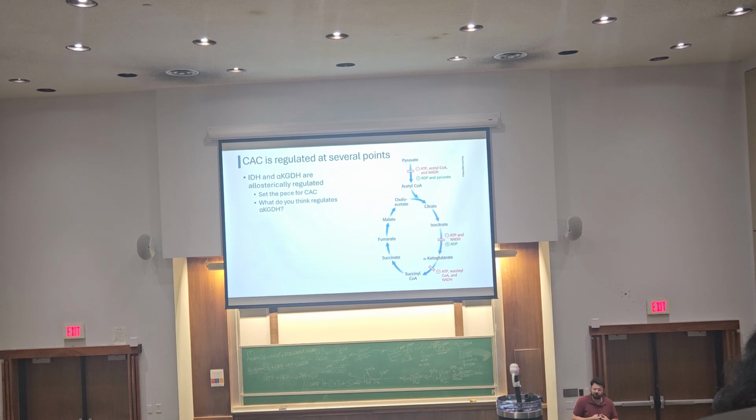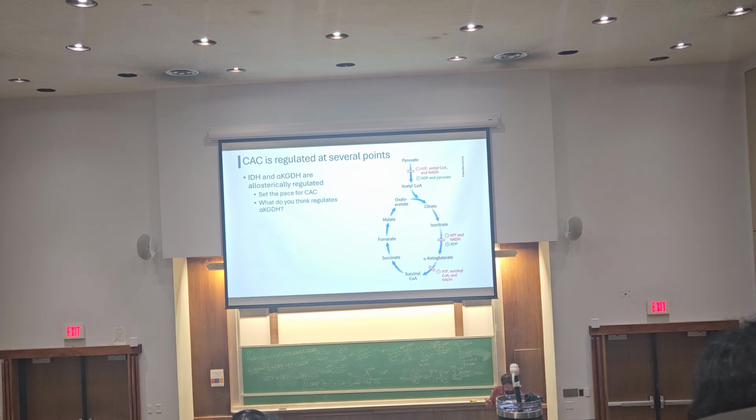Recall that the alpha-ketoglutarate dehydrogenase complex is almost identical to the pyruvate dehydrogenase complex, so it is regulated in exactly the same way. Succinyl coenzyme A, NADH, and ATP all allosterically inhibit the alpha-ketoglutarate dehydrogenase complex. Isocitrate dehydrogenase is also regulated by NADH and ATP levels.